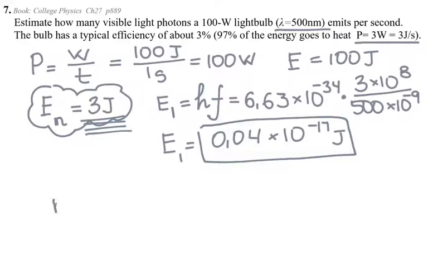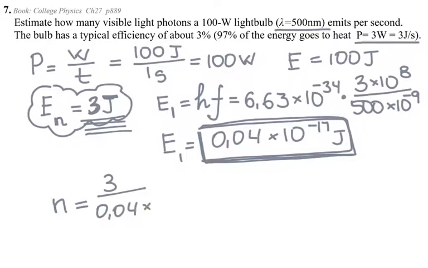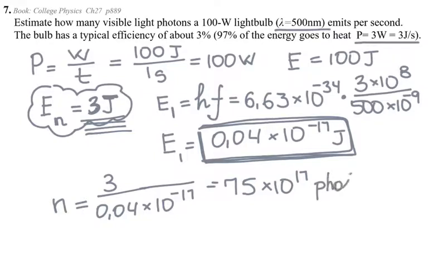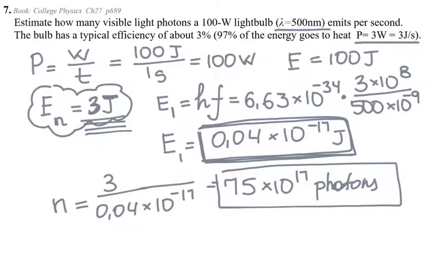To find how many photons are in 3 joules of energy, 3 joules of energy living in the bulb, and this is the energy of one photon, to find n I have to divide 3 joules by 0.04 times 10 to the negative 17. And my answer is going to be 75 times 10 to the 17 photons. So that would be my answer for number 7.